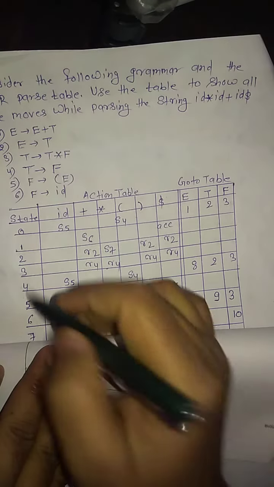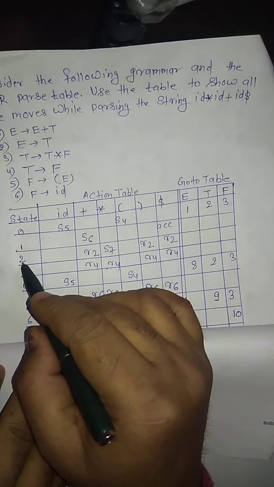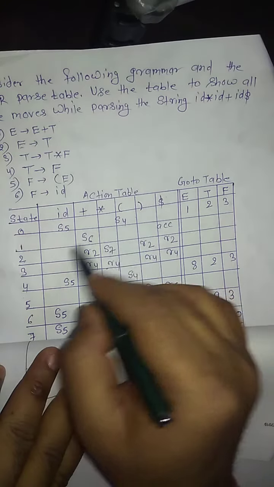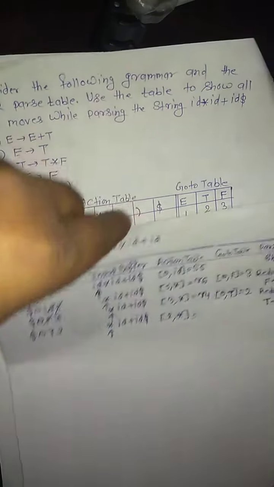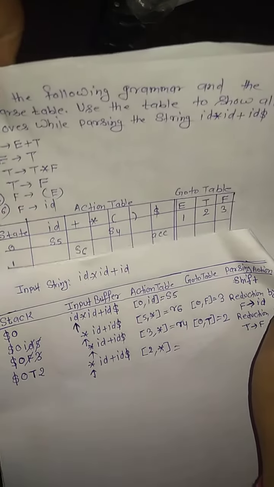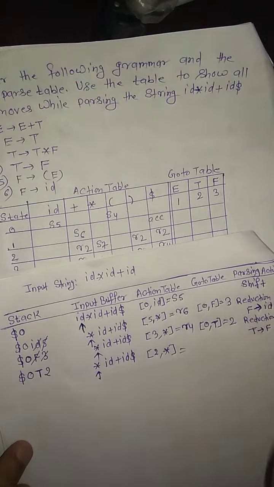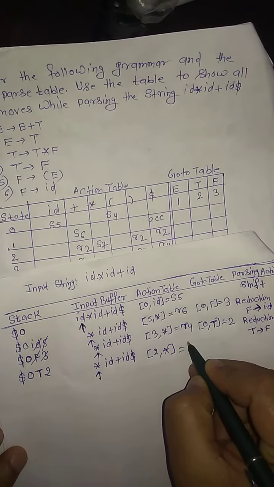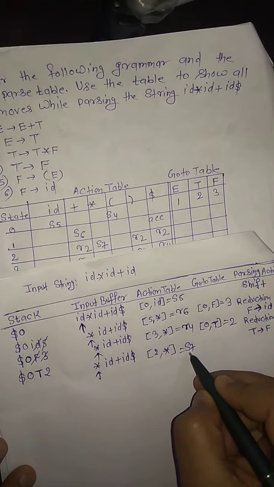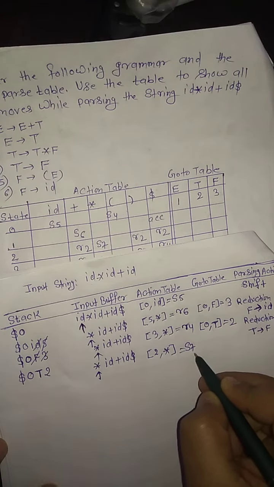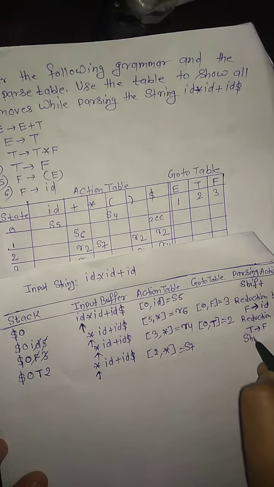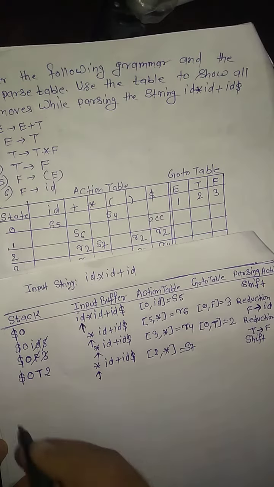In the parsing table, second row and star column, we have S7. So write here S7. What is the meaning of S7? S7 means shift. So you write in the parsing action shift operation.